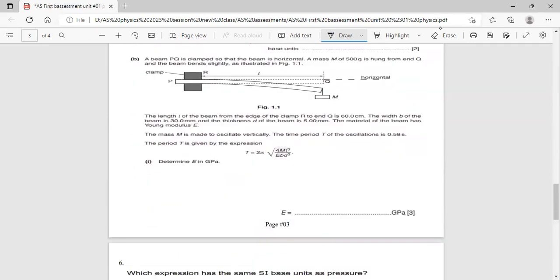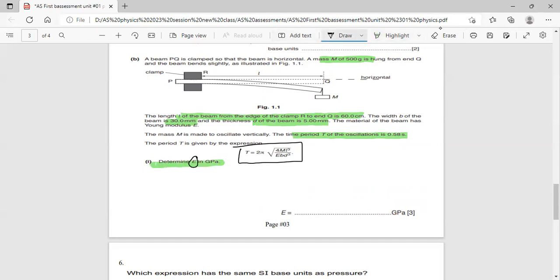Okay, next question is a numerical. All the data is given over there: the mass is 500 gram, the length is 60 centimeter, the breadth is 30, and D is 5 millimeter, and the time period is 0.58, and you have to find E in gigapascal.